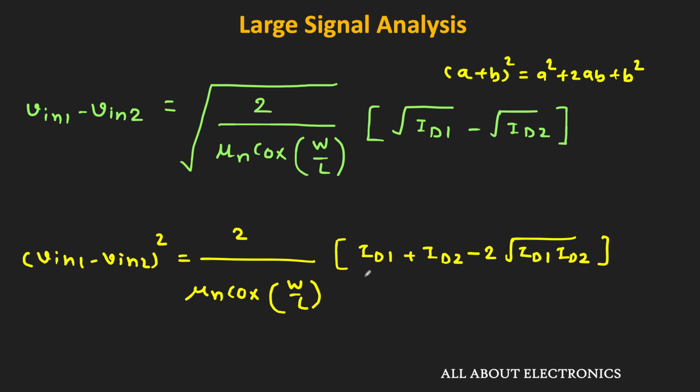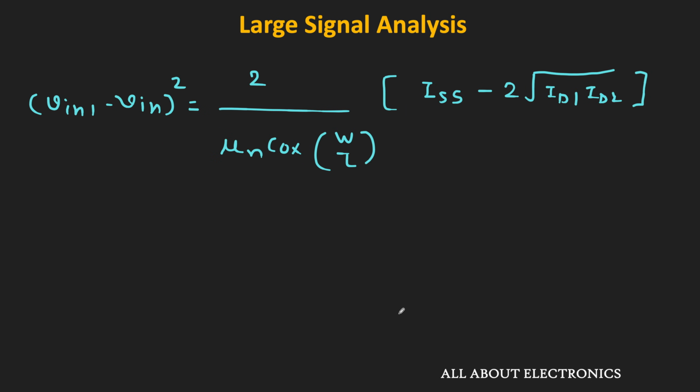And as we know, this ID1 plus ID2 is equal to ISS. That means we can write this expression as this (Vin1 minus Vin2) whole square, that is equal to 2 divided by (mu n times Cox times W by L) times (ISS minus 2 times square root of ID1 times ID2).